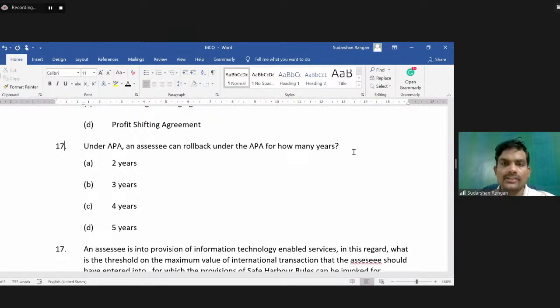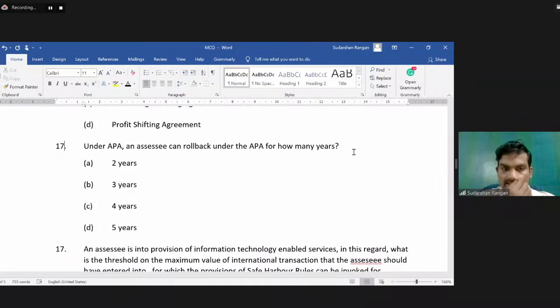I'm sure you know the difference between retroactive and retrospective. Retrospective is bringing something into vogue: I retrospectively amend the Act from 1962, and it will be applicable from that date. Retroactive is giving effect: if I bring the provision in 2015, from 2015 onwards it will start applying.